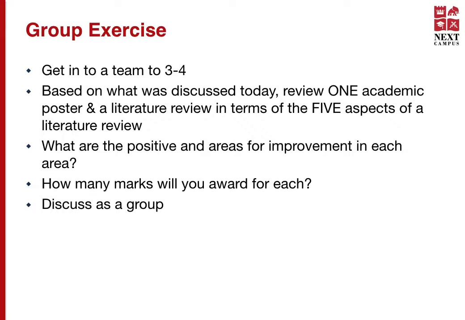Look at one academic poster and a literature review in terms of the 5 aspects of the literature review: planning, reading, analyzing, drafting, and revising. Discuss the positives and areas for improvement in the literature review and the academic poster. How many marks will you award for each? Discuss this as a group.